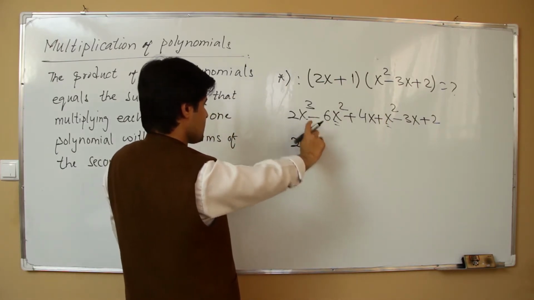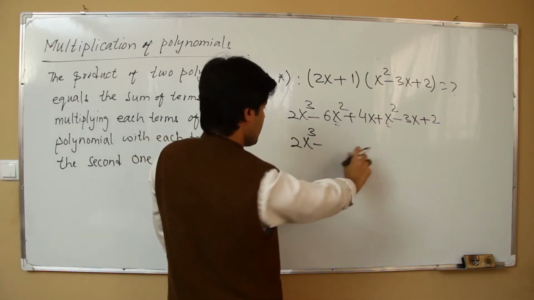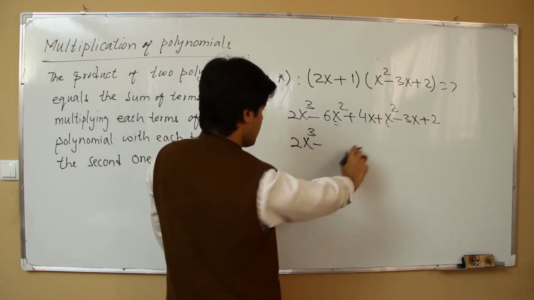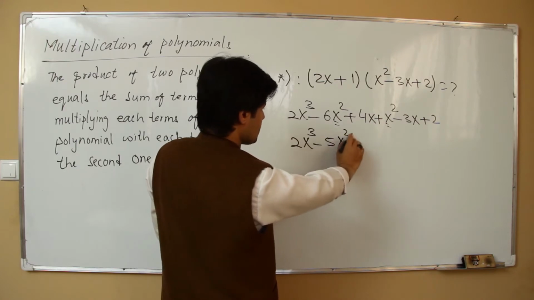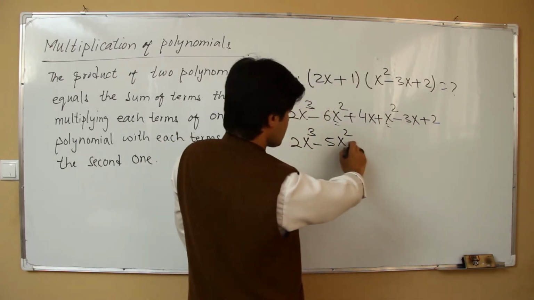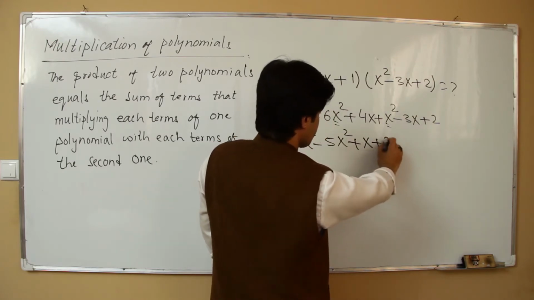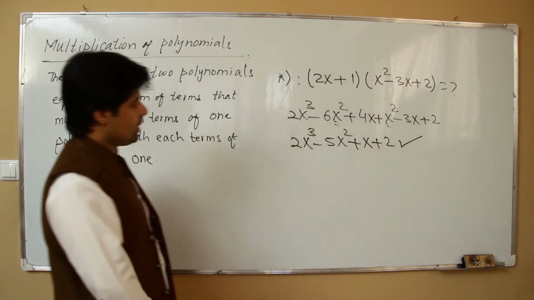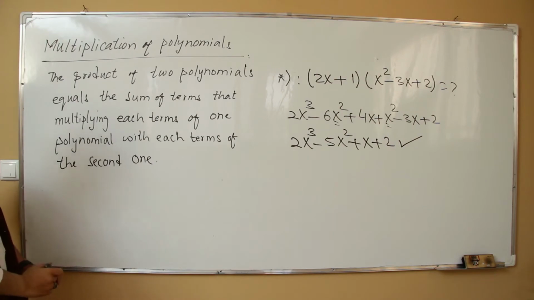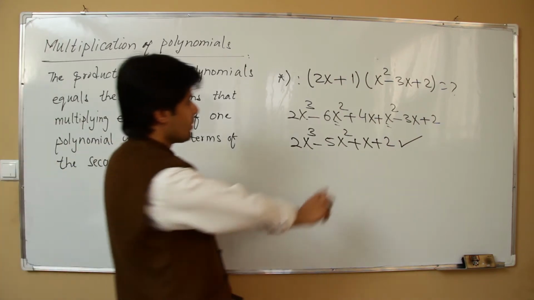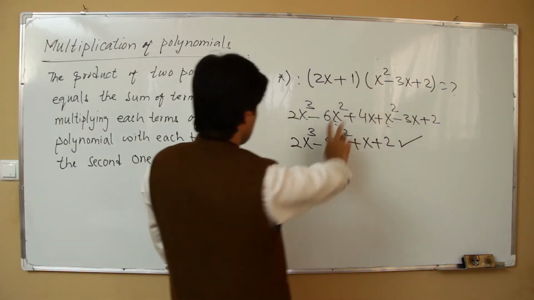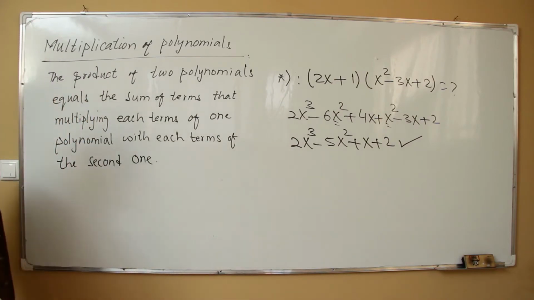Then take this sign, it's minus: 6 minus 1, it's minus 5x squared. 4x with minus 3x, I think it's plus 1x, and we have 2. This is the result of these two polynomials which were in the product case, or multiplication.